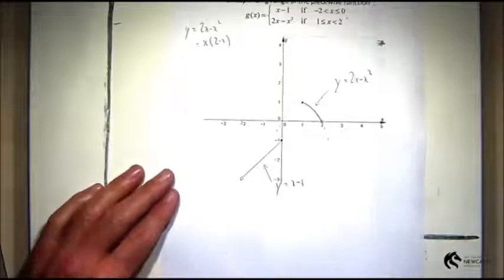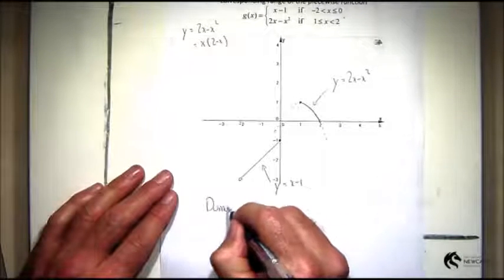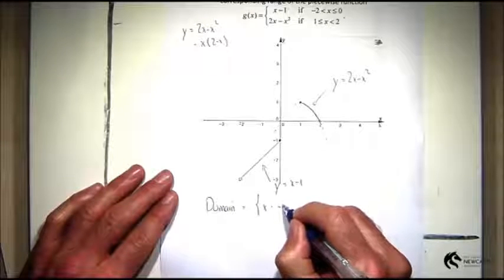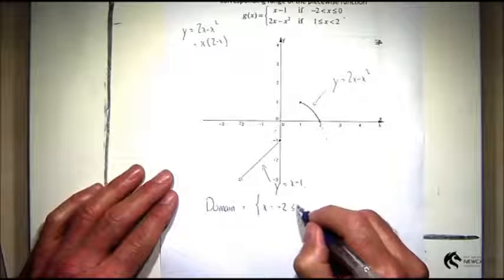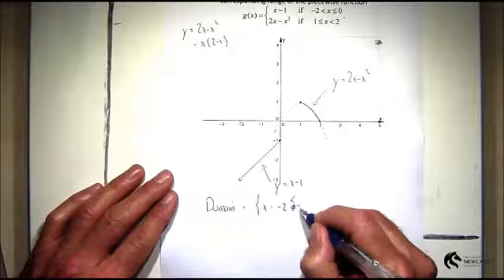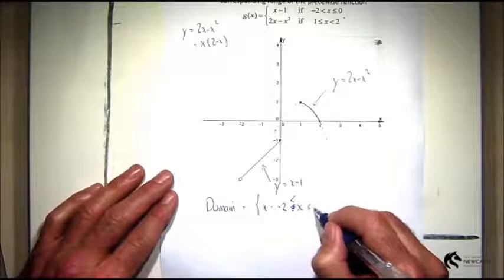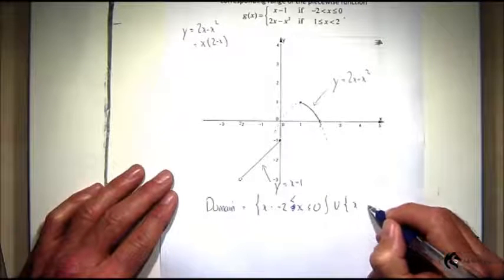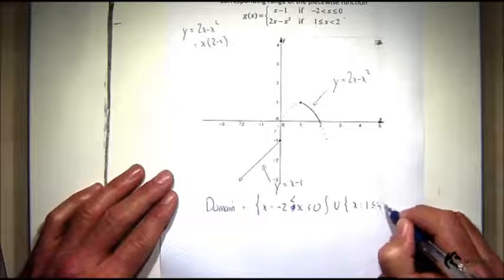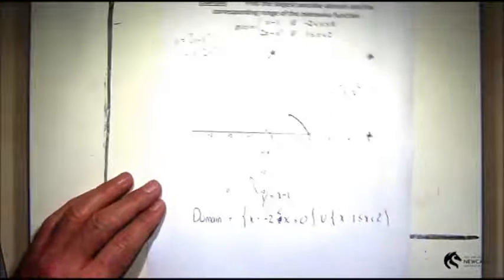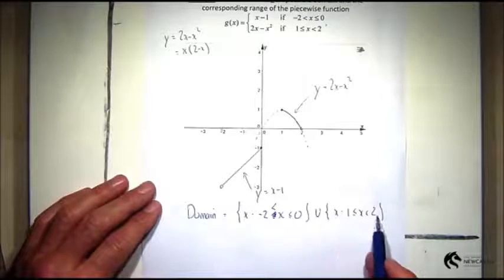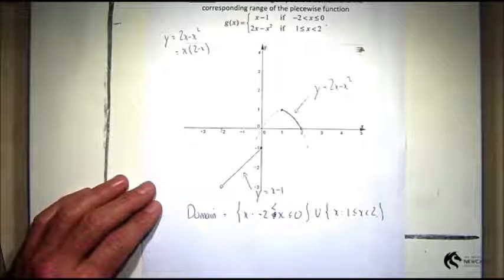So the domain is the set of x values between minus 2, I keep putting the equals in there, that's just less than, x less than or equal to 0, union with the set of x values between 1 and 2. All of those values plus all of those values is how we interpret that writing.